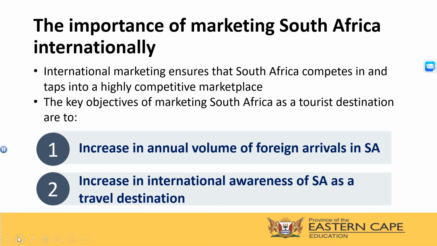So we want the potential tourists out there to be aware of our unique selling point, but we also want those potential tourists to come to South Africa so that that awareness becomes an actual visit. So that is what it means when we say we are in a highly competitive marketplace.